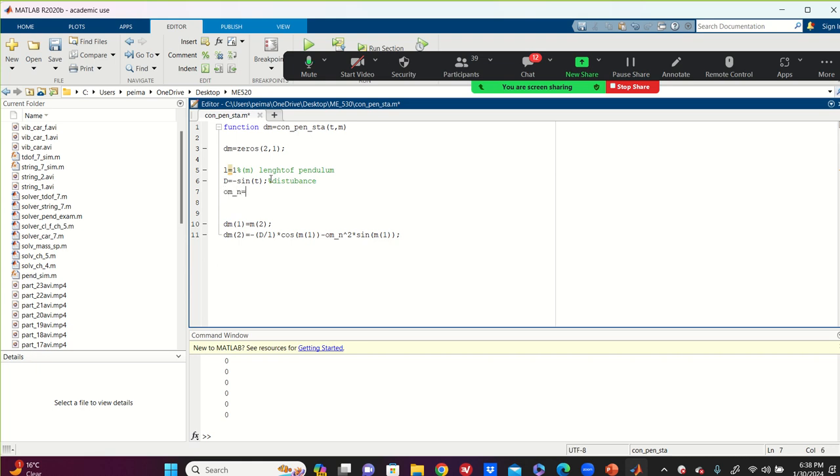Omega n was the square root, SQRT. This is the command in MATLAB, square root. Gravity divided by L, g over L. So you have to define gravity. Gravity on the surface of the planet is 9.81, obviously meters per second squared. This is the definition of that.